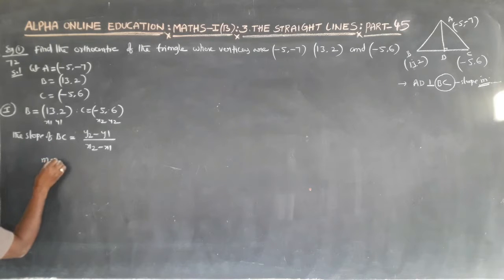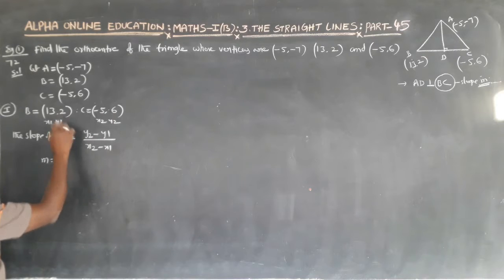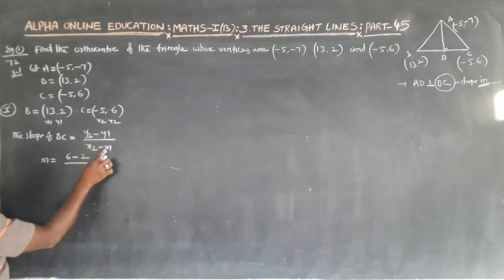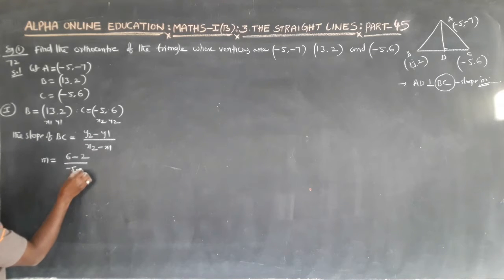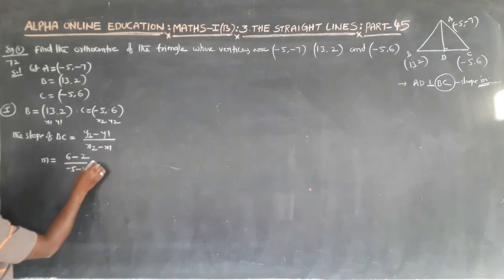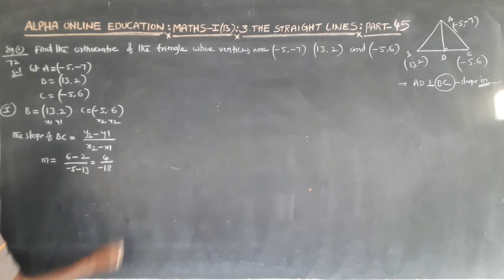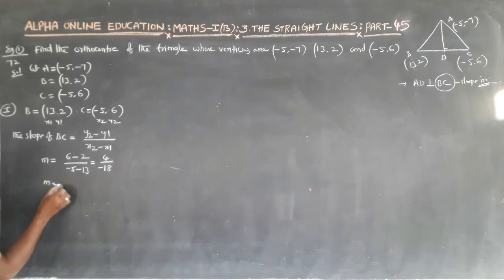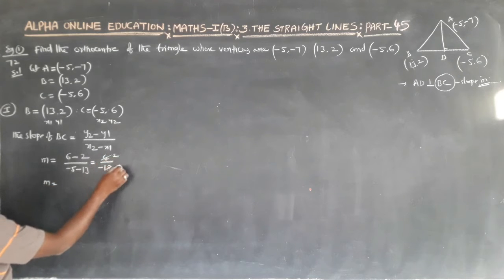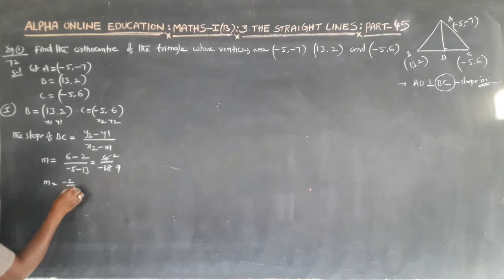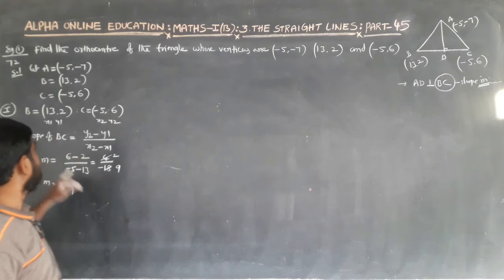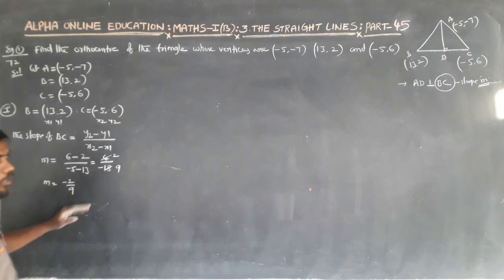So m equals (6 minus 2) by (-5 minus 13), which is 4 by minus 18, that is minus 2 by 9. The slope of BC is minus 2 by 9.